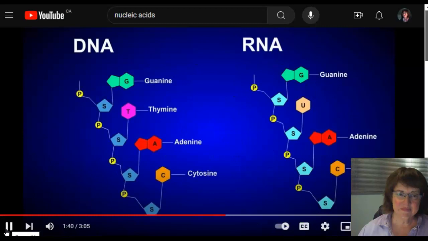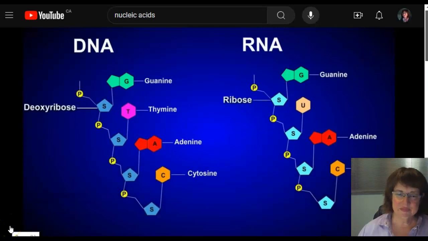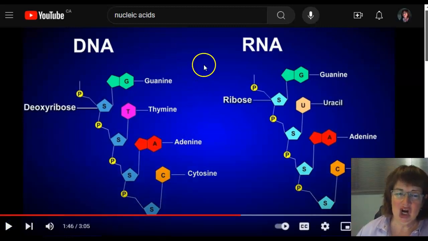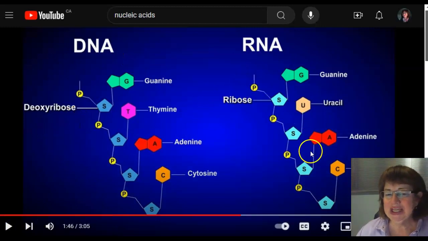RNA differs from DNA in that it contains the sugar ribose instead of deoxyribose and the nitrogenous base uracil instead. Okay, when you look at RNA, RNA is copied from DNA, but it's only a single strand and it's a shorter chunk.